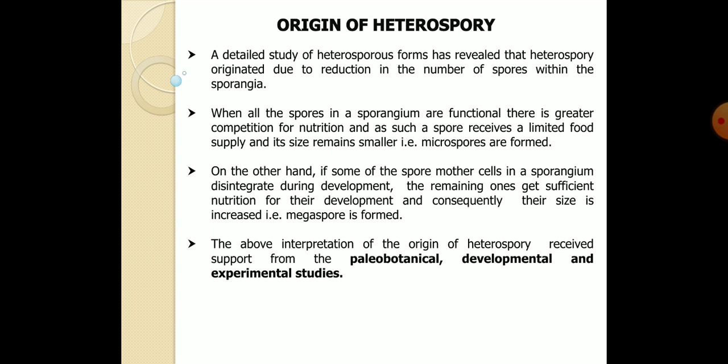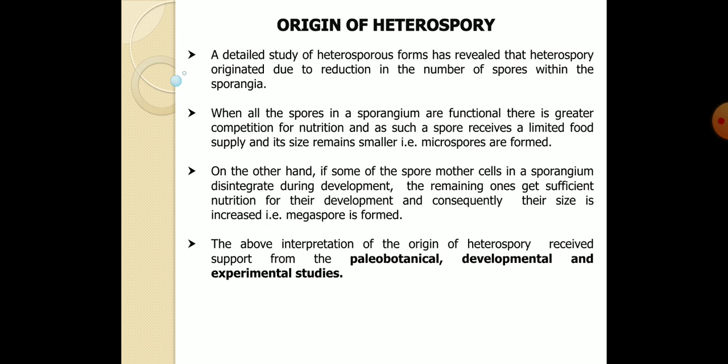When the spore mother cells in the sporangium disintegrate during development, the remaining ones want to get sufficient nutrients. So sometimes they reduce in size, or sometimes enlarge. When they get reduced or remain smaller, they produce the microspores, and those that are larger in size and fewer in number are the megaspores.